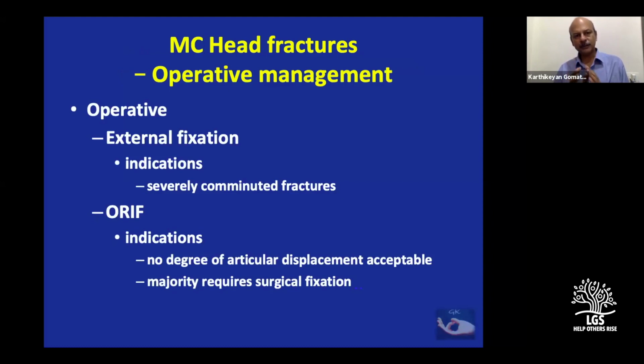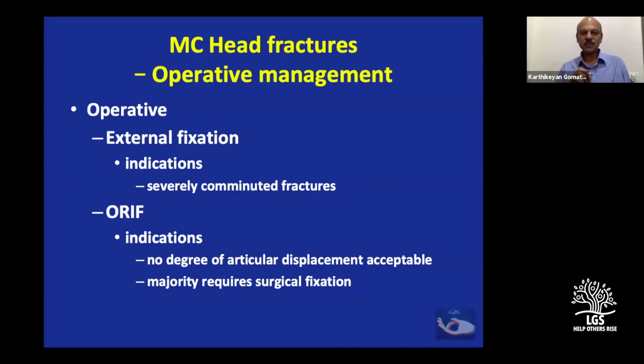If you are going to manage these head fractures conservatively, there is a problem. Even a millimeter of misalignment of the articular surface will lead to stiffness in the metacarpophalangeal joint. This will definitely restrict the function of the entire finger because the metacarpophalangeal joint has a large range of motion. If this becomes stiff, the span of the finger movement is reduced.